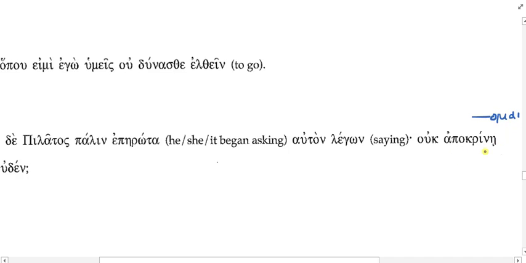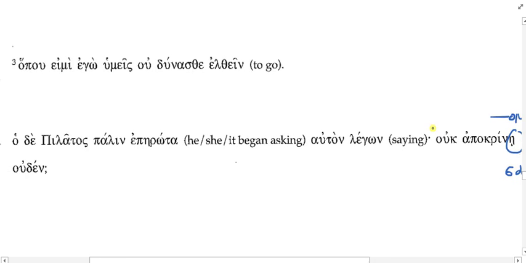It means to answer. With that eta and iota subscript, that's the psi ending where the sigma has dropped out and we've gotten contraction. So this is you singular. Don't answer anything? You don't answer anything? Or do you not answer anything? See that question mark? There it is.